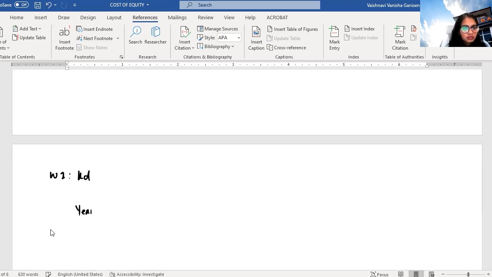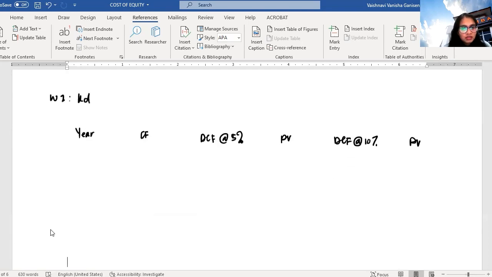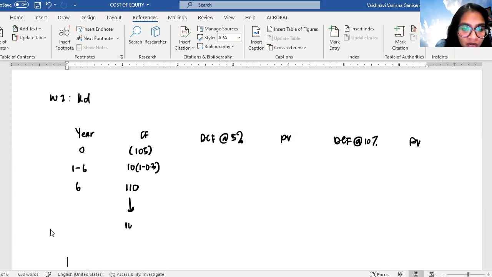So year, cash flow, discount factor at 5%, PV, discount factor at 10%, PV. Year 0, 1 to 6 and 6. You would issue this at market value. This will be 10 times (1 minus 0.3), redeemed at a premium of 10%. So 110, how I do this is 100 multiplied by 1.10.